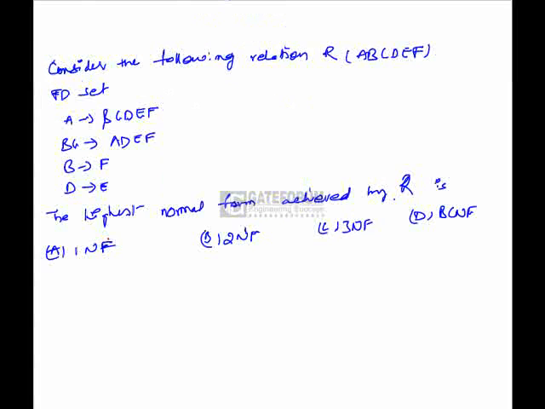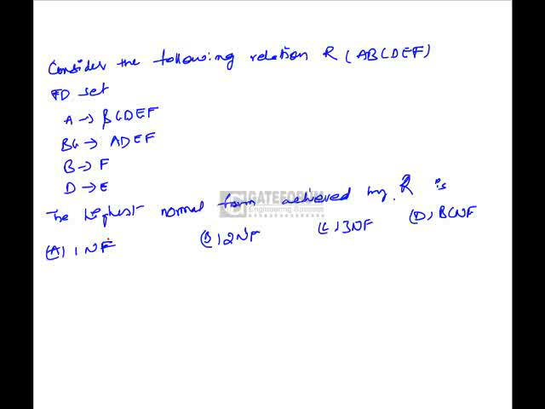Here in this question, relation R with its FD set is given and we have to find the highest normal form achieved by that relation. In order to solve this problem, first of all we need to find out the keys for the given table. So here given table consists of attributes A, B, C, D, E and F, and FD set is given.